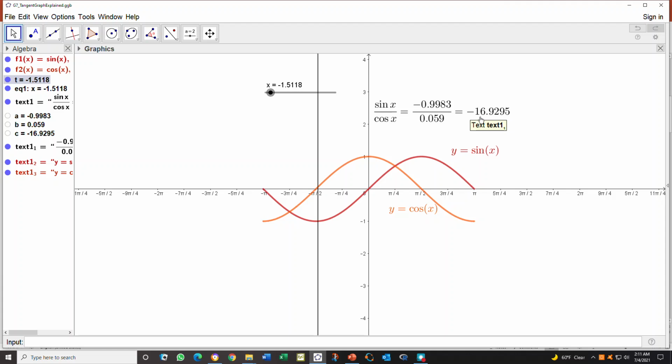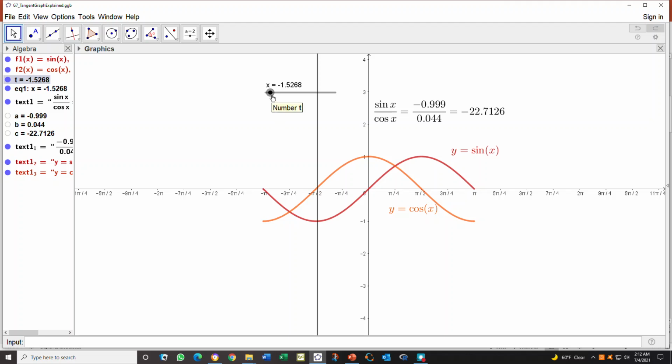Therefore the quotient is going to be larger and larger on the negative side. Meaning tangent x as x approaches negative pi half from the right is approaching negative infinity.